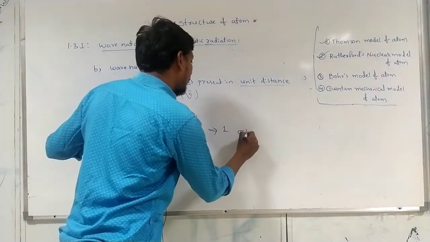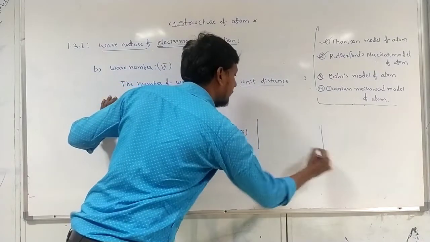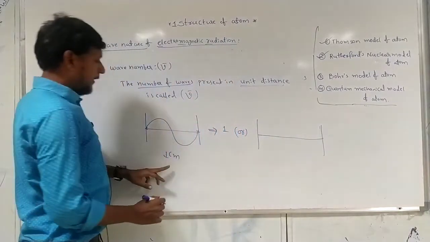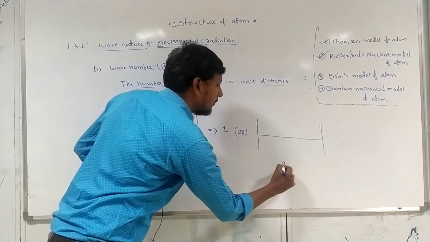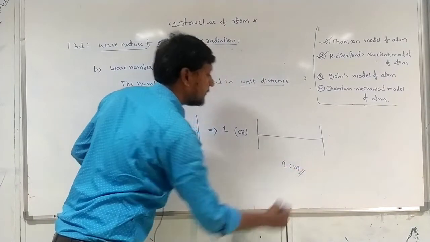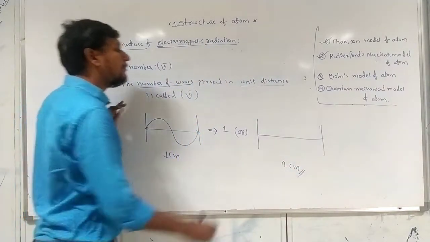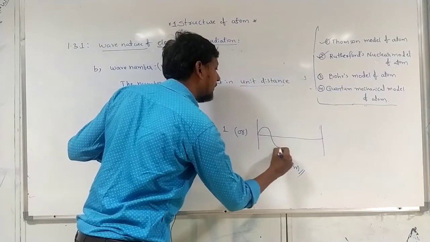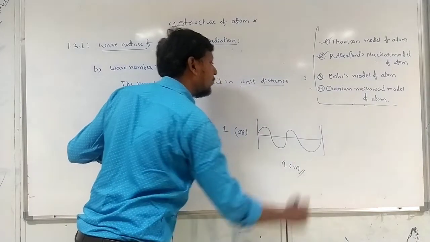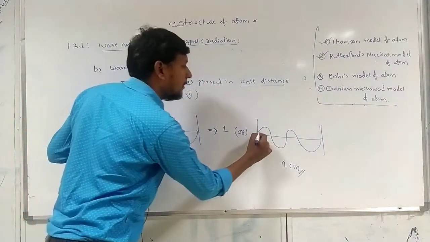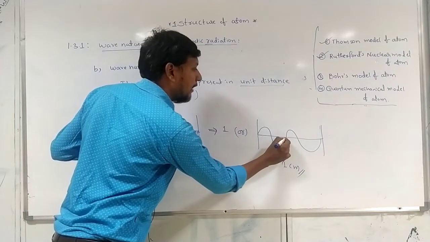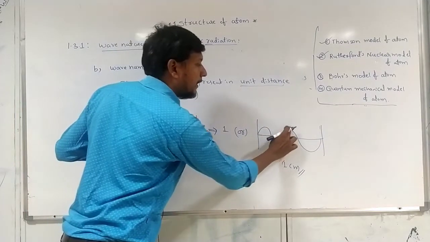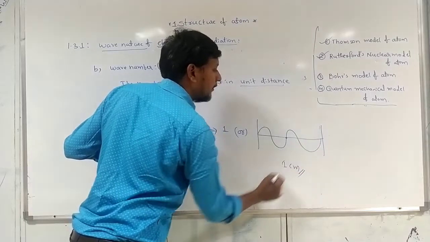Or in 1 unit distance, 1 centimeter distance, how many waves are present? For example, if 2 waves are present, 1 crest plus 1 trough is 1 wave completed, and another crest plus trough is another wave completed.